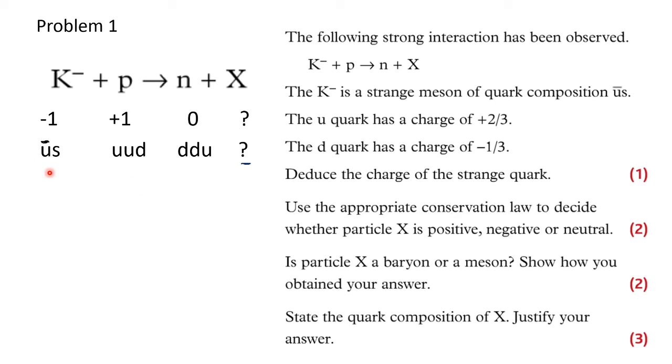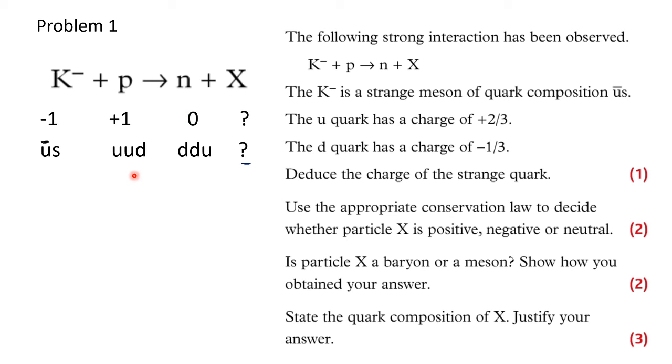And when we consider the quark composition, it is given as u bar s, right? This bar is for antiparticle. And for the proton we must remember uud, and for the neutron it is udd. These two, proton and neutron, are very essential and very important.